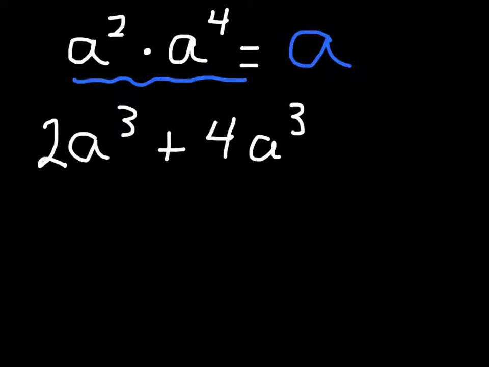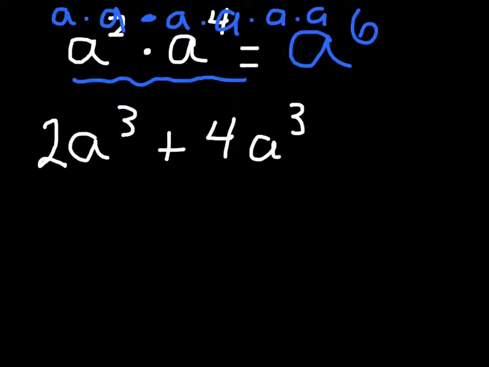Well, you add them. 2 plus 4 is 6. So what this simplifies to is a to the 6. And that should make sense because a squared means a times a, and what's a to the 4th mean? 4 of them, right? And you have 6 of them, or in other words, a to the 6. So when you multiply powers, you add the exponents.